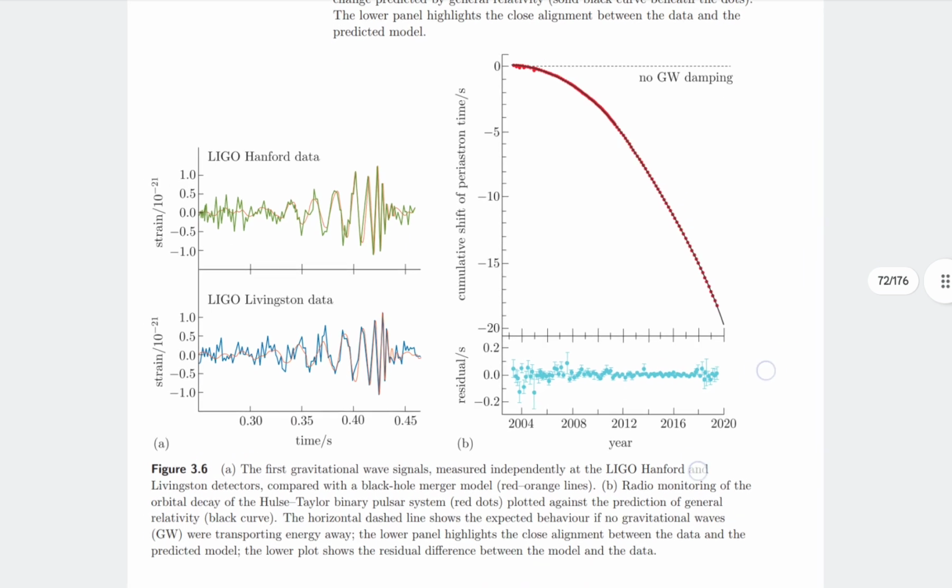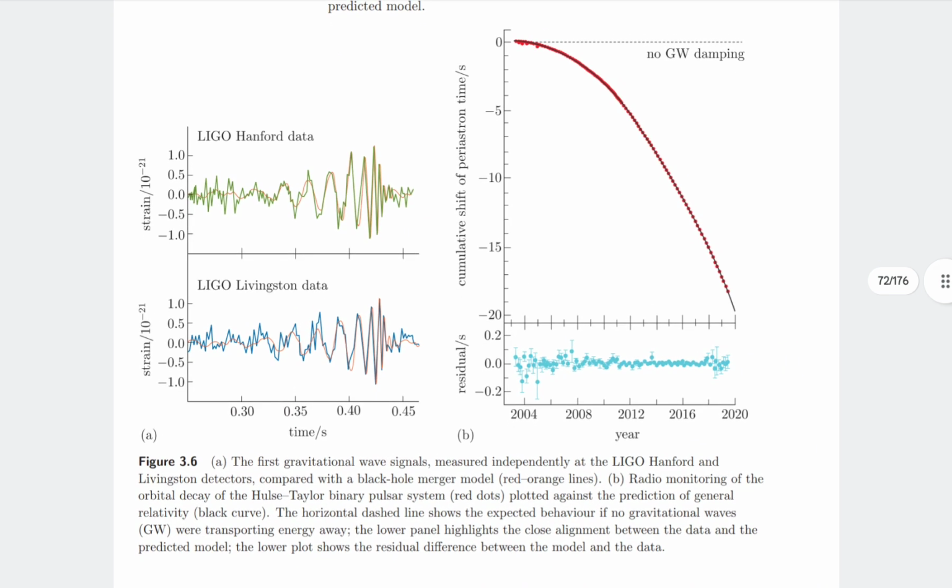Figure 3.6. A. The first gravitational wave signals measured independently at the LIGO Hanford and Livingston detectors compared with the black hole merger model, red-orange lines. B. Radio monitoring of the orbital decay of the Hulse-Taylor binary pulsar system, red dots plotted against the prediction of general relativity, black curve.